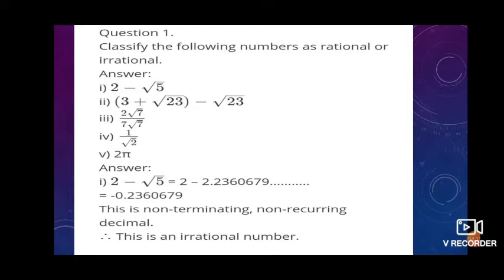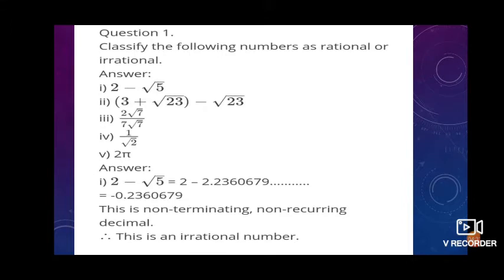Now see, based on that, classify the following numbers as rational or irrational. The first question, 2 minus root 5. By seeing that only we can say, children, 2 is rational, root 5 is irrational. So automatically the result is a rational and irrational combination, always irrational. So the answer is irrational.